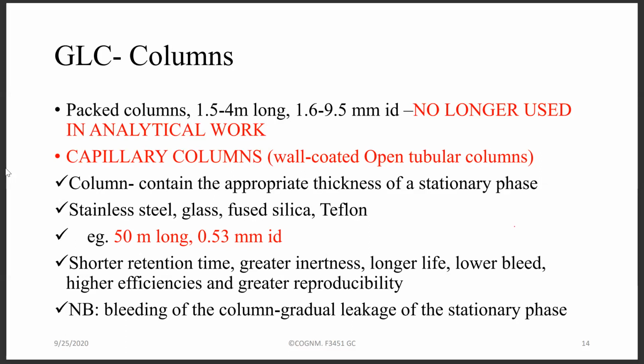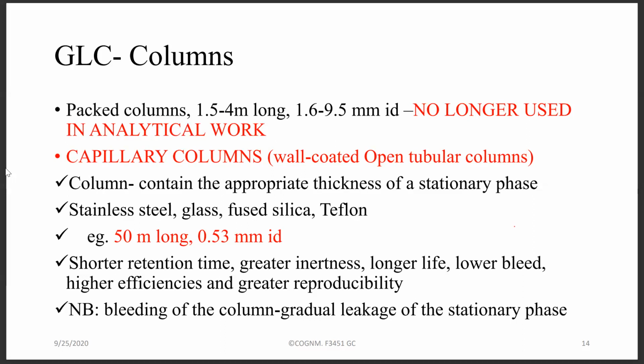Anyway, our stationary phases normally use capillary columns, and we expect our capillaries to be very good. The stationary phases can usually be stainless steel, glass, fused silica, etc. The benefits of those capillary columns are shorter retention time, longer life, lower bleed, higher efficiencies, and greater reproducibility.